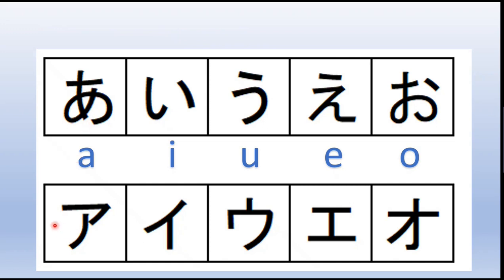You can see there are certain similarities and differences between these alphabets. For example, especially u, a, and o, the symbols are more or less similar, and they have quite a resemblance.